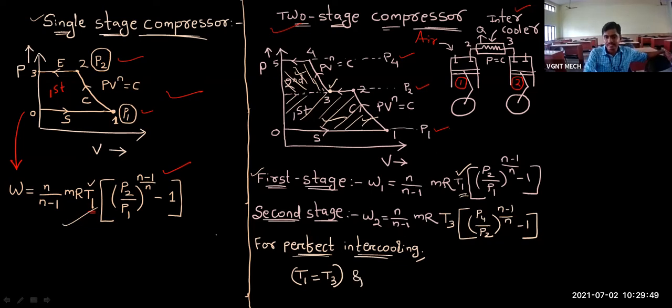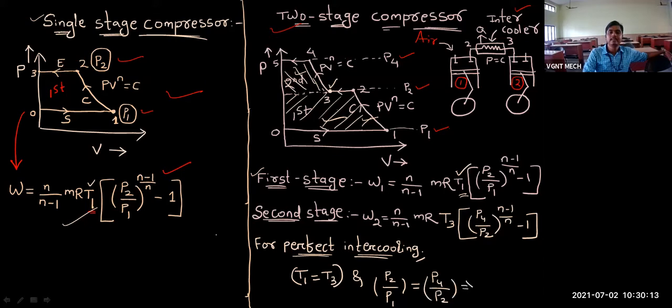Okay, for the first stage, what is the pressure ratio? High pressure is P2, low pressure is P1. So P2 by P1 should be equal to, for the second stage, high pressure is P4, low pressure is P2. So P2 by P1 should be equal to P4 by P2.